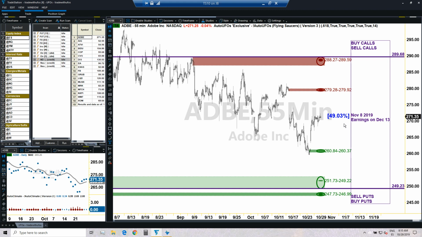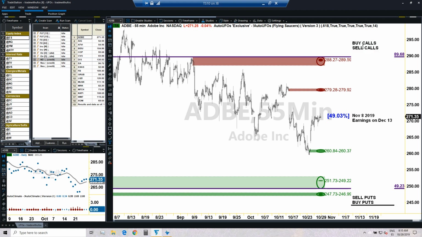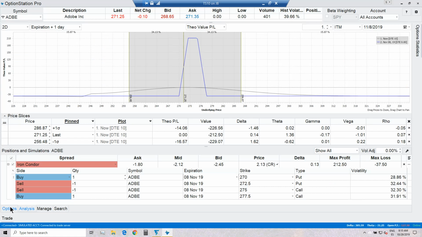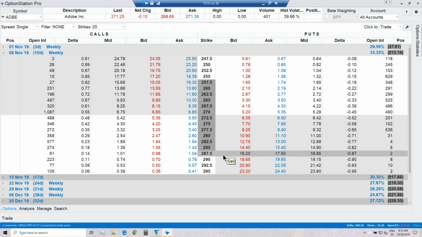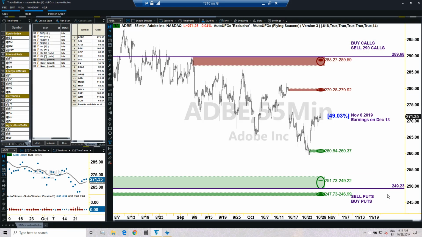Okay, so now the key question is, which calls are we going to sell? Above, we already said it's going to be the 290. So I want to go back to the option chain to check on the strike price increments. From 290, we go to 292.5. And it seems that on the bottom part, we're going to have to use 250 to 247.5.